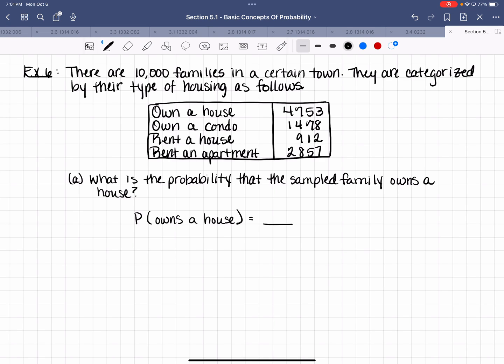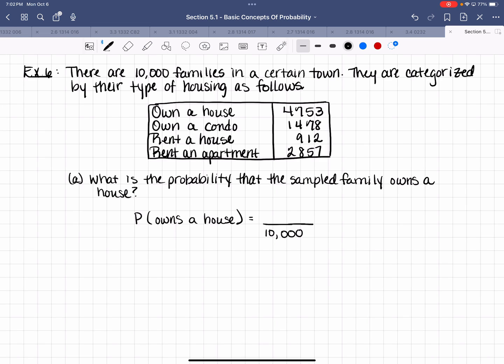Now, we know the bottom is the total, right? Bottom's the total. How many total families are there? 10,000. There's 10,000 different families, okay? And it owns a house.